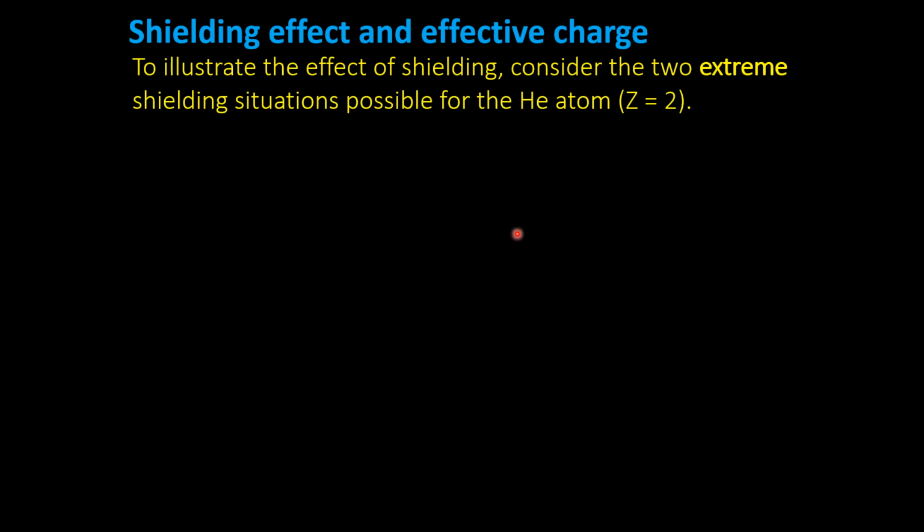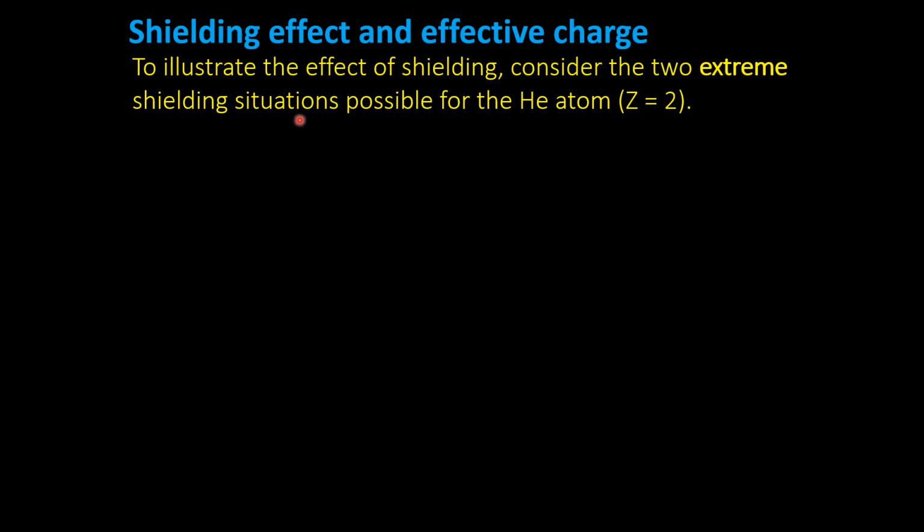The core electron experiences the full charge of the nucleus, and that is cancelled out by the positive charge of the nucleus, so the valence electron experiences the remaining charge of the nucleus, and that charge is called the effective charge. So it means that the core electron shields the outer electron from the positive charge of the nucleus.